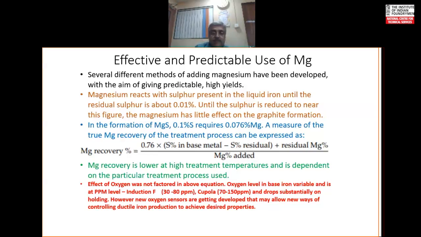But it drops very substantially on holding. So as the regular production cycle moves, there is a lot of fluctuation in the oxygen level in the ductile iron. Normally you take care of this unknown by making some allowance while you do the calculation.